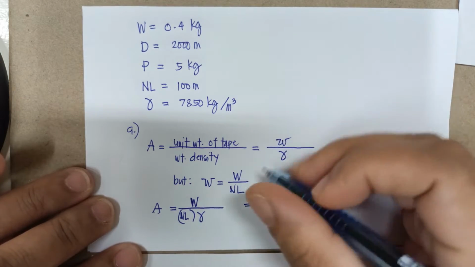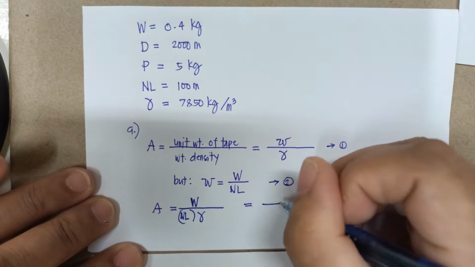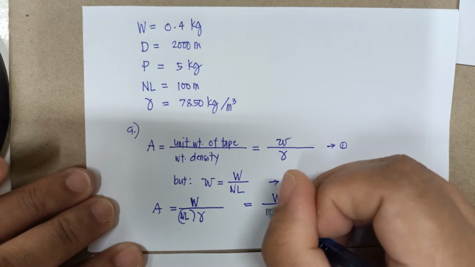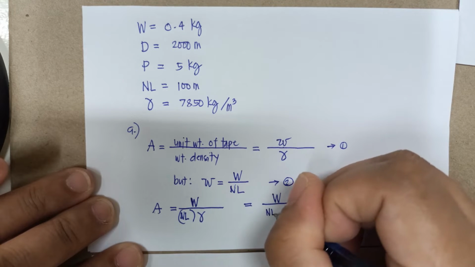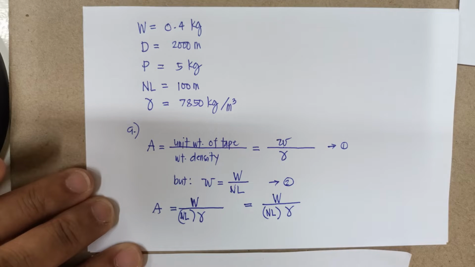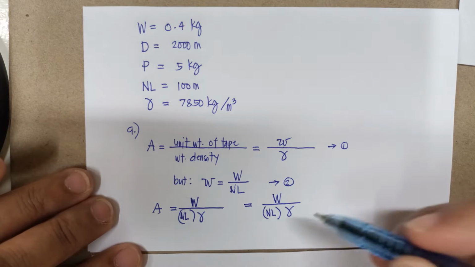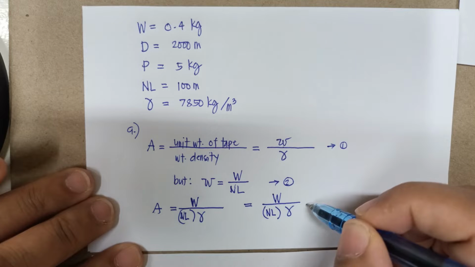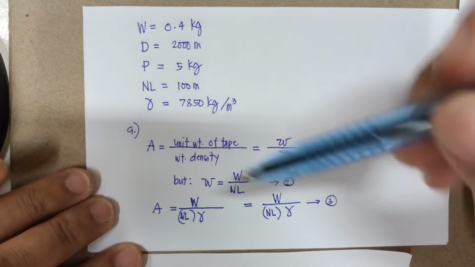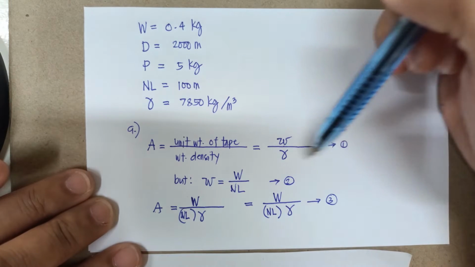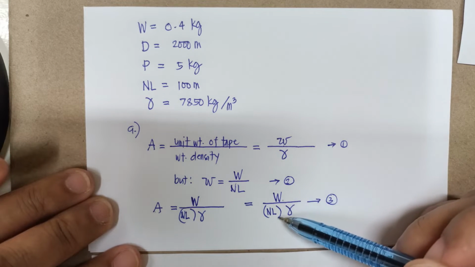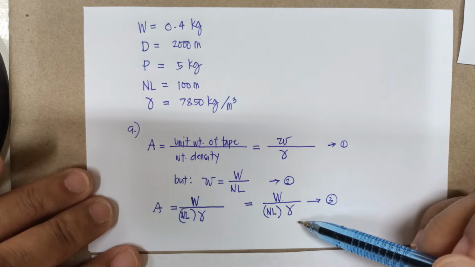So you have the weight of the tape divided by the nominal length of the tape times the density of the tape. This is another formula for solving the cross-sectional area of the tape, expressed in terms of the weight and the length of the tape, and the steel weight density.